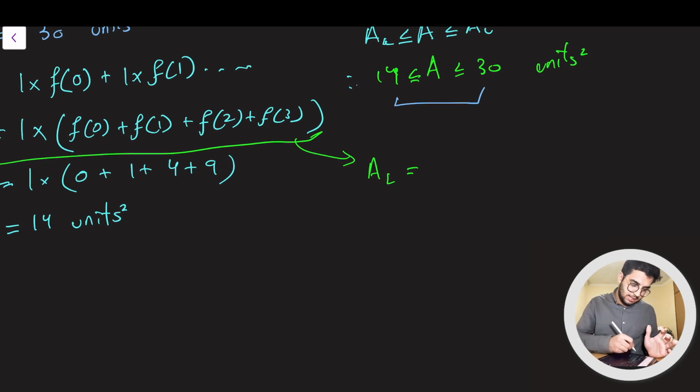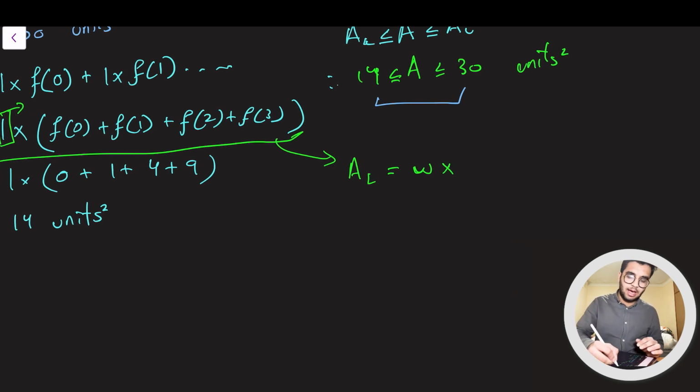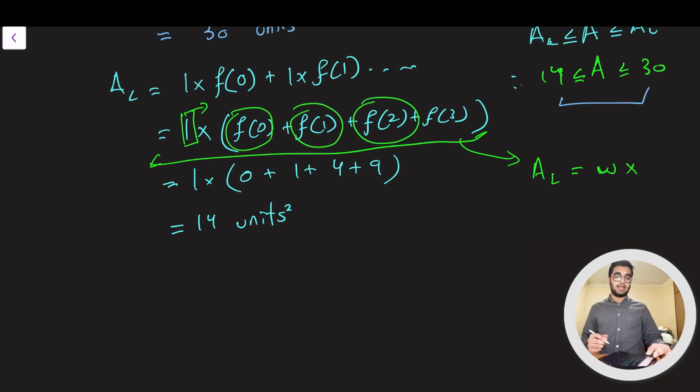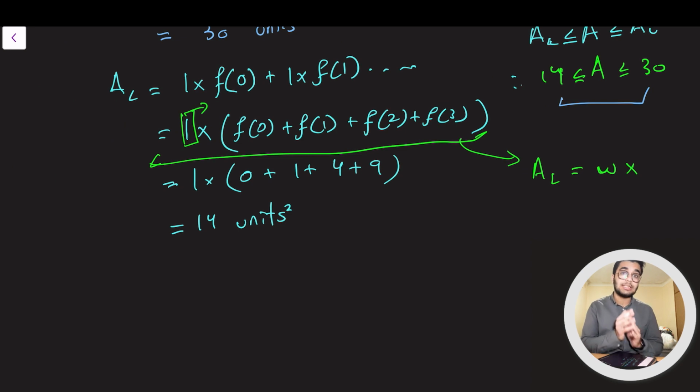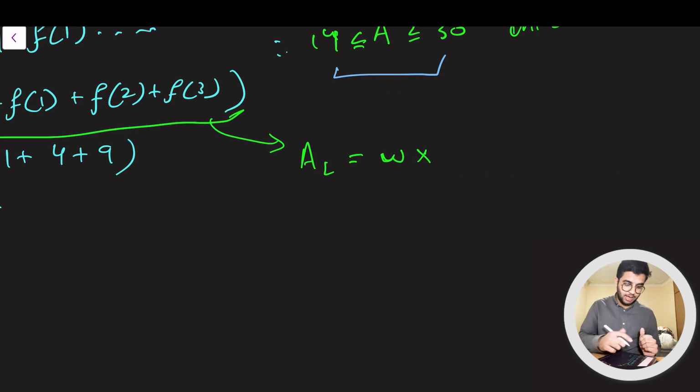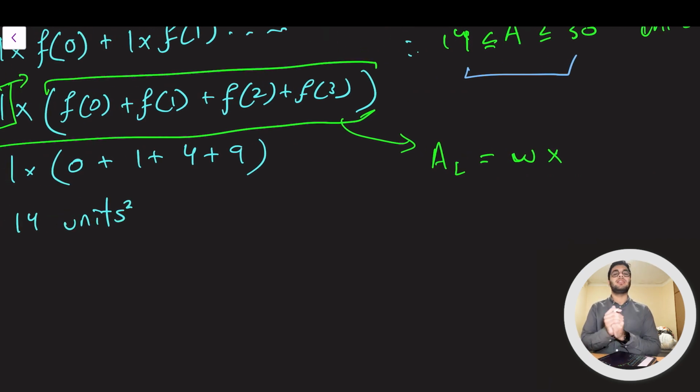It is the width of each rectangle, which I'll denote by a small w, times the sums of heights of each rectangle. Now what are the heights? The lowest points in their regions. So they are the sums in this bracket, the sums of the lowest points in each region, in each portion.